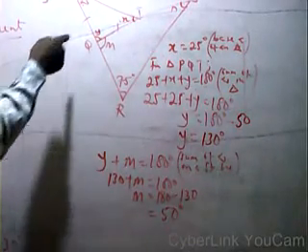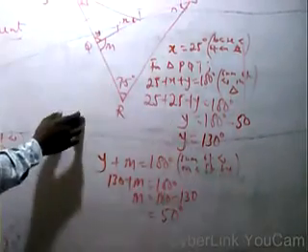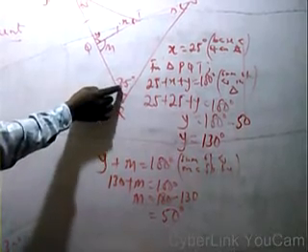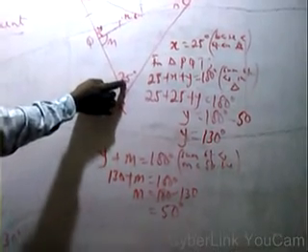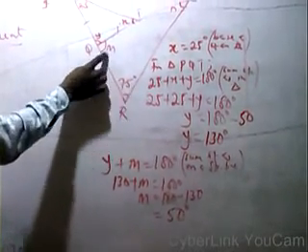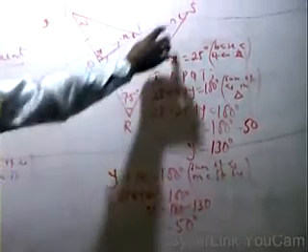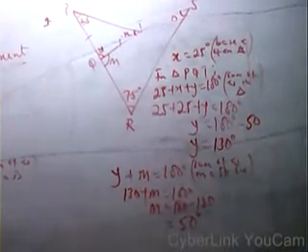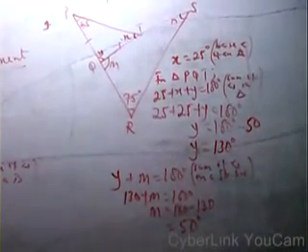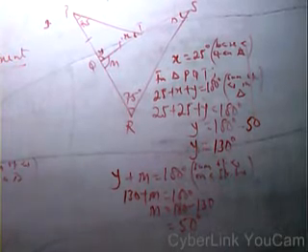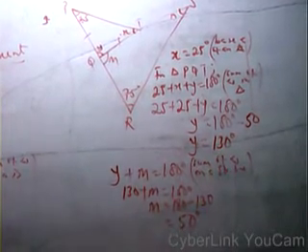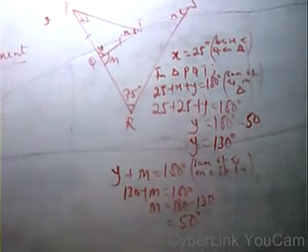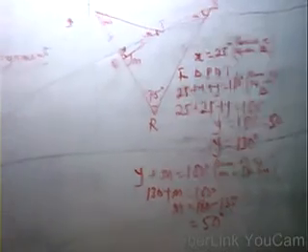So it means that in triangle QST, we know this value, 75, that one is given. This one has been known to be 50. Now we need to know the value of this. So we are going to consider our triangle SQR or RQS. So let's quickly do that here.